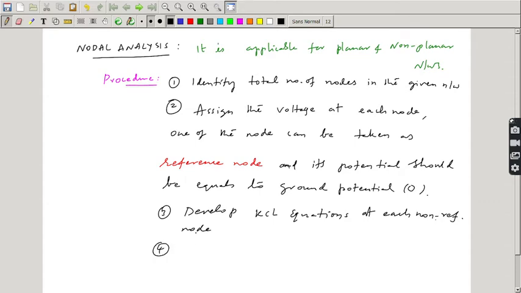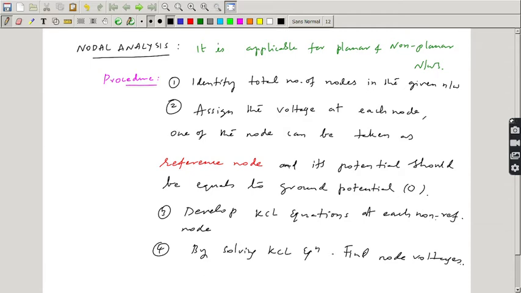And last point, by solving the KCL equations, find the node voltages. Okay, this is the procedure to find the node voltages.